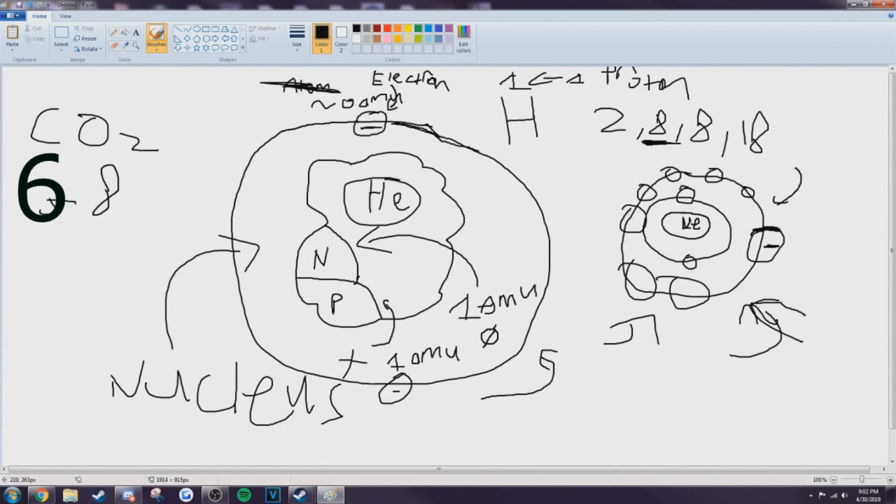So they have Lewis dot structures that look like this. Carbon has 4 valence electrons, and the oxygens should have 6 each. As you know, CO2 is a very stable substance.